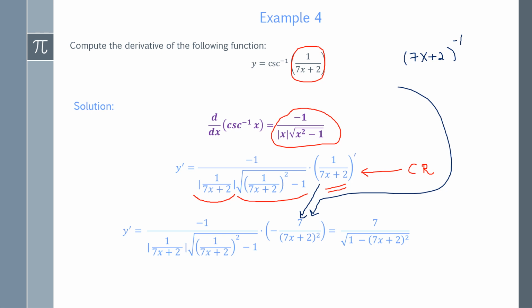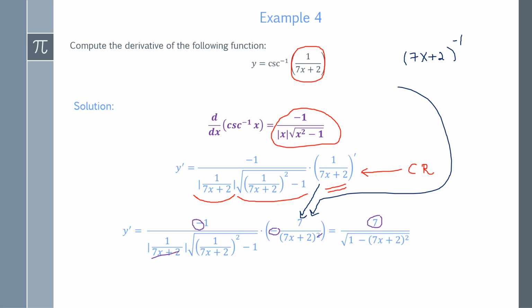All right, so now what? Let's go ahead and see what we can combine here. So this negative and this negative will give us a positive. And then 1 times 7, that's where this expression comes from here. Now let's see what happens in the denominator of this expression. So 1 over 7x plus 2 cancels out with one of these powers right here.